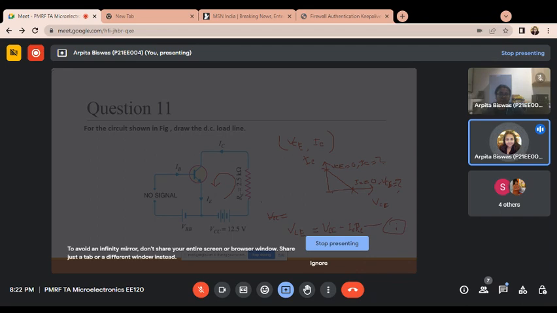This is the first point, and next coming to the second point, when VCE is 0, then we have to find out the IC. Same equation, you put the VCE value 0 and find out the IC. IC equal to VCC by RC. And what is the value? 12.5 by 2.5.